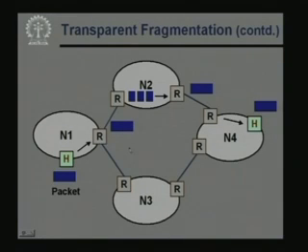Diagrammatically, this scheme can be explained as follows. Well, you look at the same network diagram comprising of 4 routers, N1, N2. Suppose we have a packet out here. This is a packet which you want to send to a destination host out here. So, this packet first comes out of an exit router.